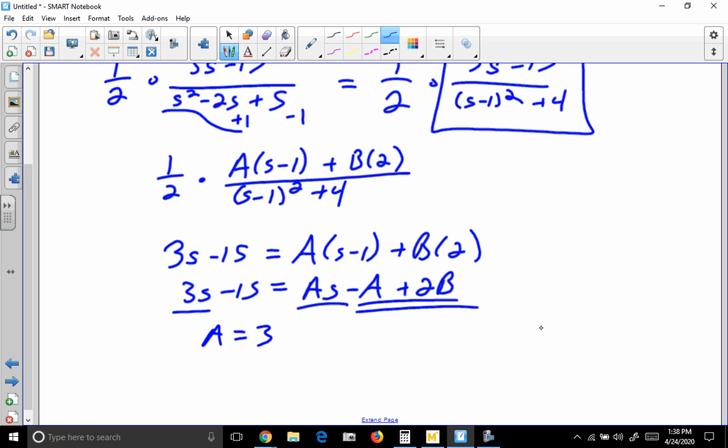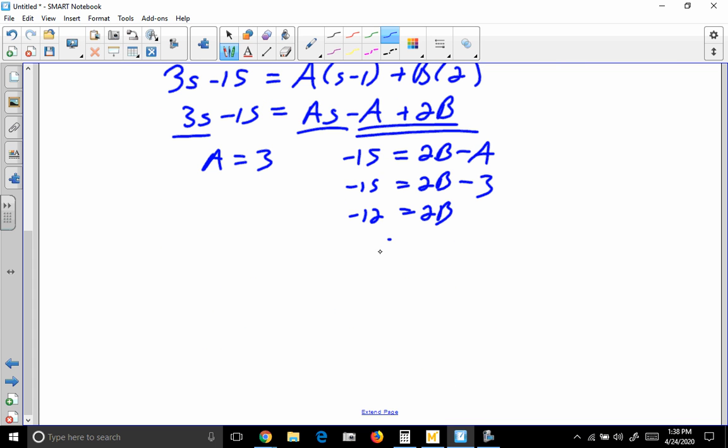This is a constant on the right. It has no s's. This is a constant on the left. So negative 15 and 2b minus a have to be equivalent. We know a is 3. So if we add 3 to both sides, we get negative 12 equals 2b. Divide both sides by 2, and we get b is negative 6.